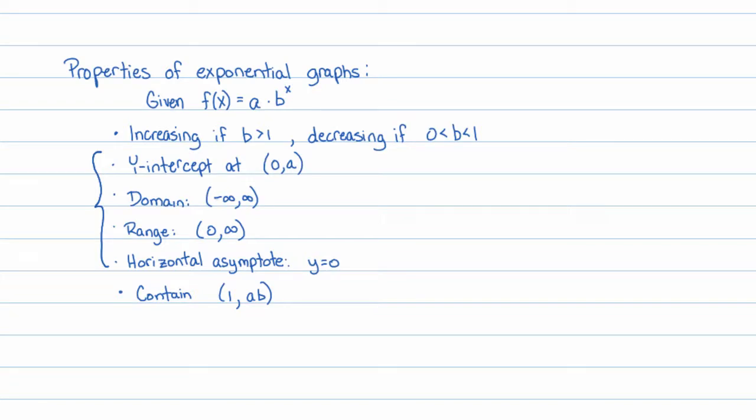The domain is all real numbers. The range starts at 0, goes to infinity, and we have a horizontal asymptote along y equals 0. So all that stuff, we have a y-intercept, our domain's all real, range is all positives, and we have a horizontal asymptote. All that stuff swaps for the logarithm.